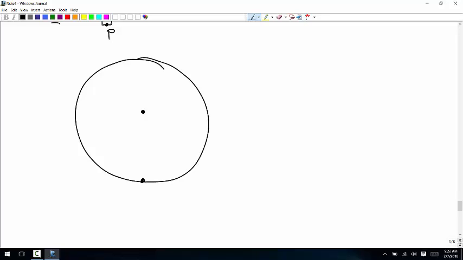The angular velocity is counterclockwise, so the velocity is this way. The angular acceleration is in the same direction as the angular velocity, so the tangential acceleration is the same direction. The centripetal always points right towards the center.